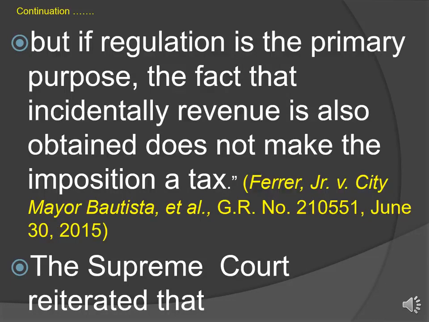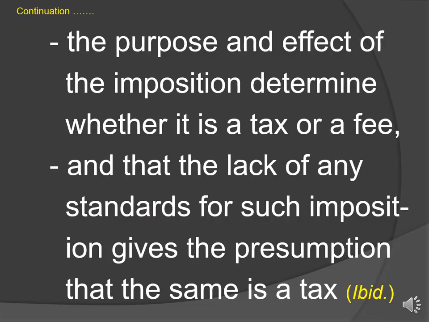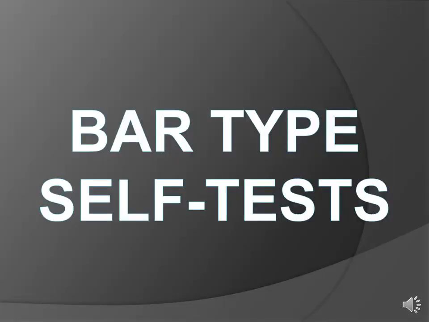The Supreme Court then reiterated that the purpose and effect of the imposition determine whether it is a tax or a fee, and the lack of any such standards for such imposition gives the impression that the same is a tax. So, what bar questions could possibly be derived out of the concepts we have discussed?